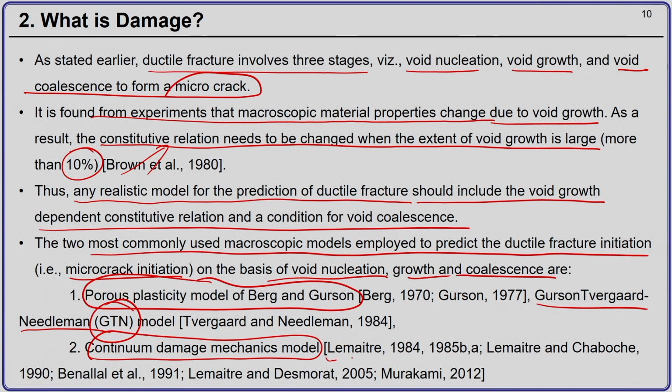This is from the original work of Lemaitre, or Lemaitre and Chaboche, and you can see some of the references where it has been discussed. It first came in 1984 within the framework of continuum mechanics, and it is called the continuum damage mechanics model. So, there are two macroscopic models employed to predict ductile fracture, the porous plasticity model and the continuum damage mechanics model. In our discussion, we will concentrate on the continuum damage mechanics models.